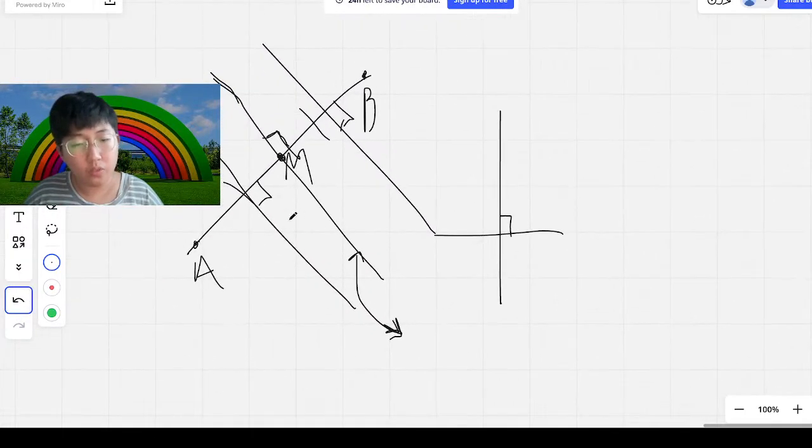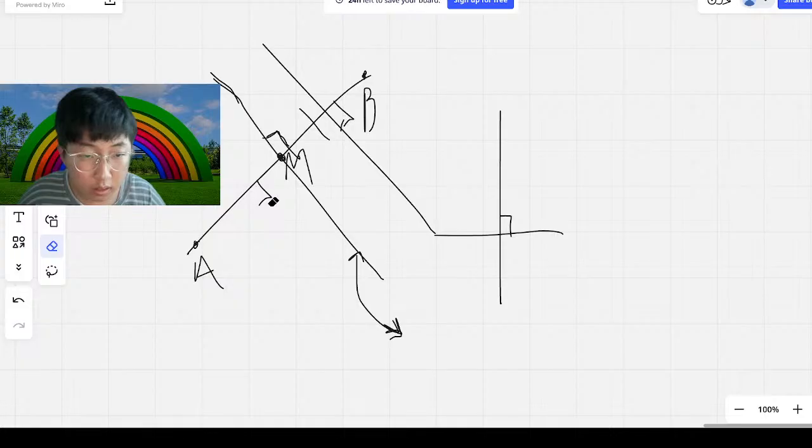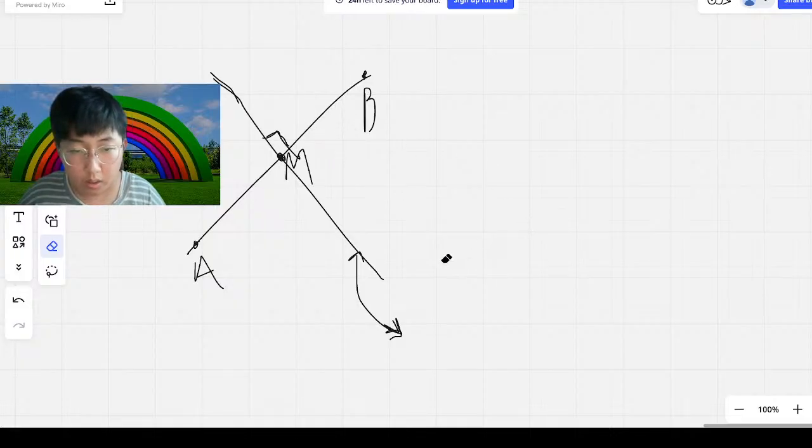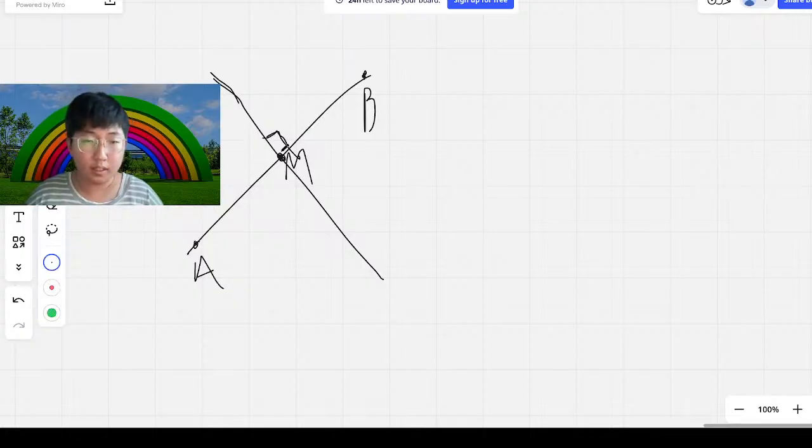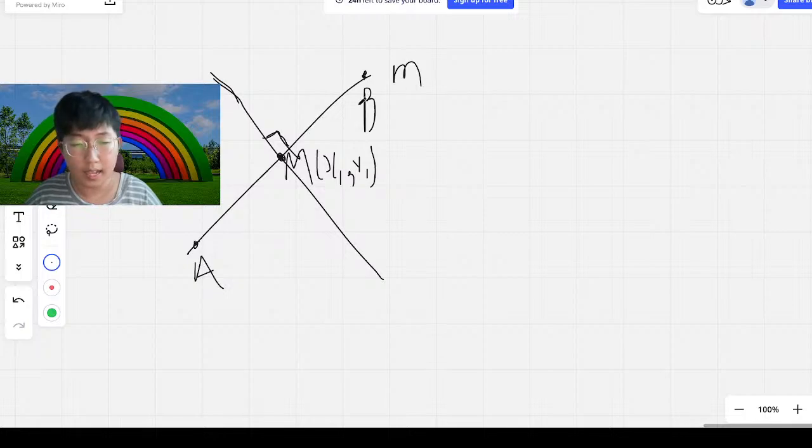So then, how do we find an equation of a perpendicular bisector? Let me erase all of this. When we are, let's say, given the point M, let's say x1 and y1 again, and what if we were given the gradient of AB? Let's say m.